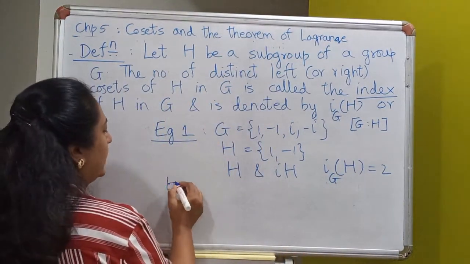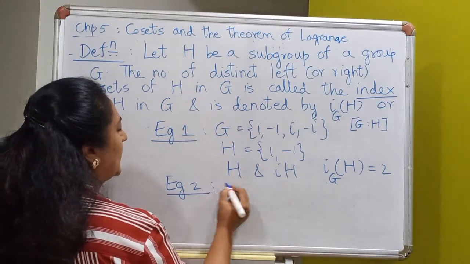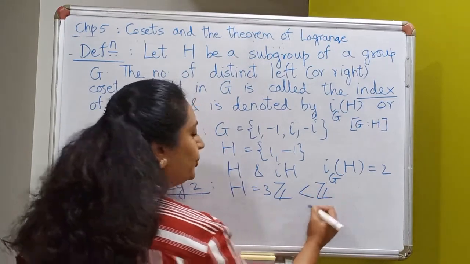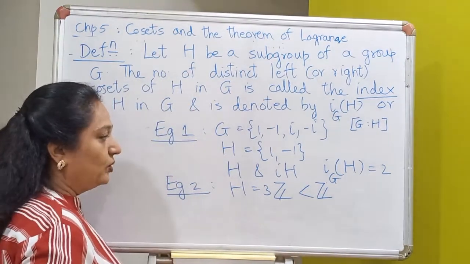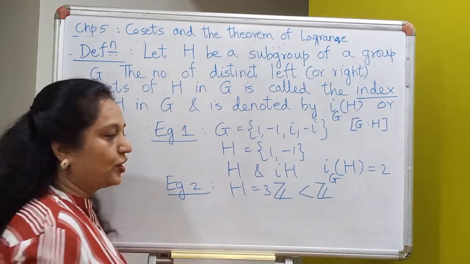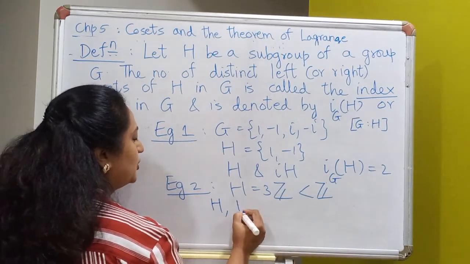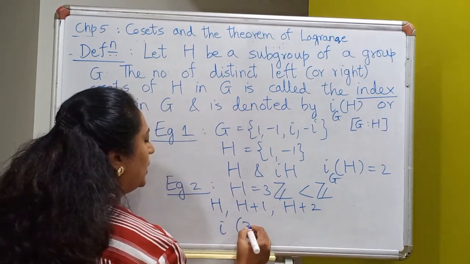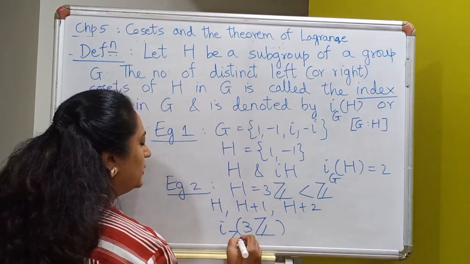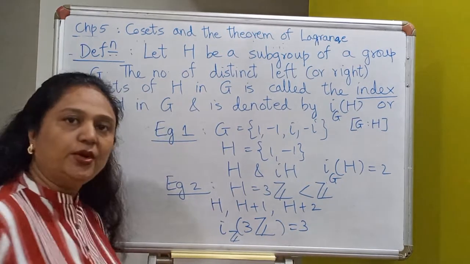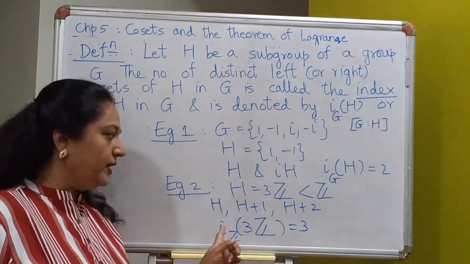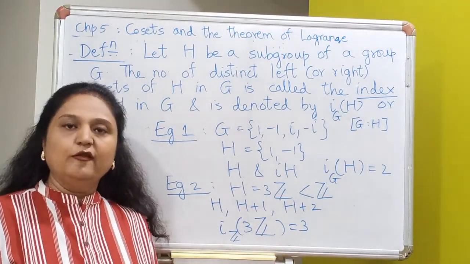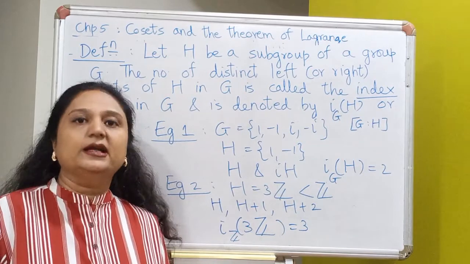And if you look at the second example, I had taken H to be the subgroup 3Z and the group to be Z. There we found that there were three distinct right cosets of H in G, namely H or H plus 0, H plus 1 and H plus 2. So the index of this subgroup in the group Z is equal to 3. It's not very difficult to prove that the index of nZ in Z will be equal to n for any integer n. That's all for now.